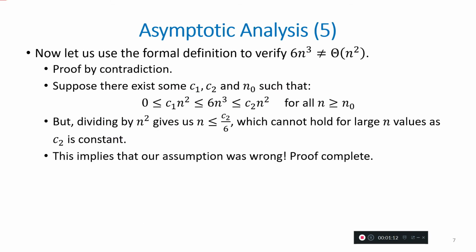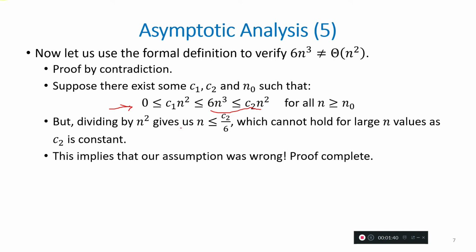In another example, now let us use the formal definition of theta to verify that 6n cubed is not equal to theta n squared. To do so, we use proof by contradiction. So we assume that there exist some positive values c1, c2, and n0 such that the definition for theta notation holds. Let us pay attention to this part of the definition.